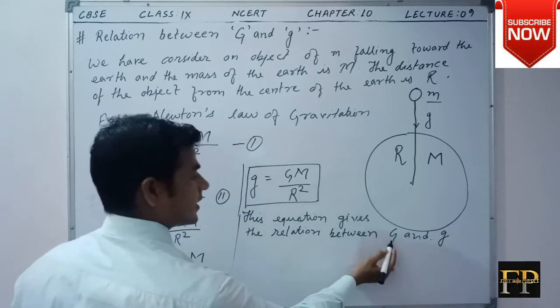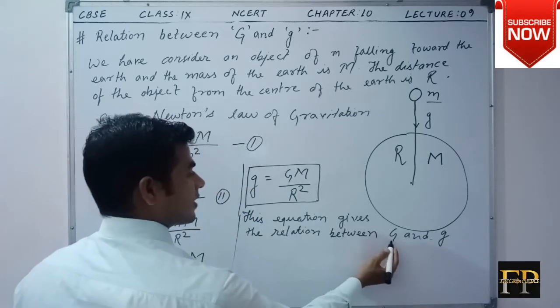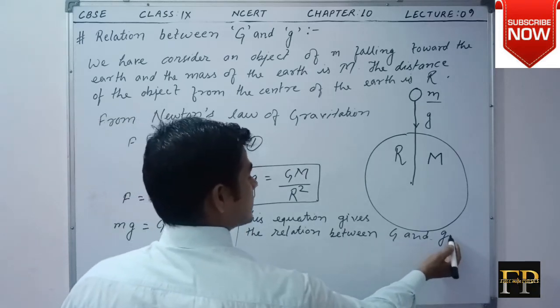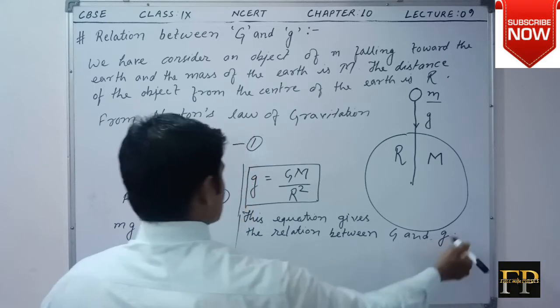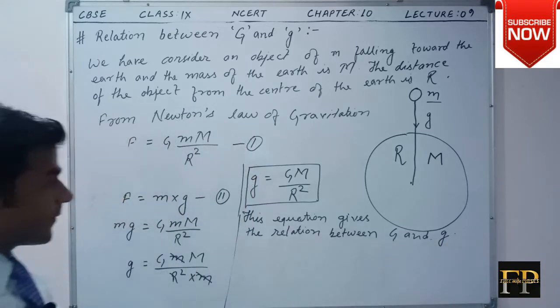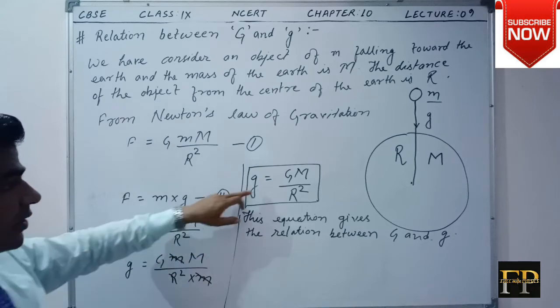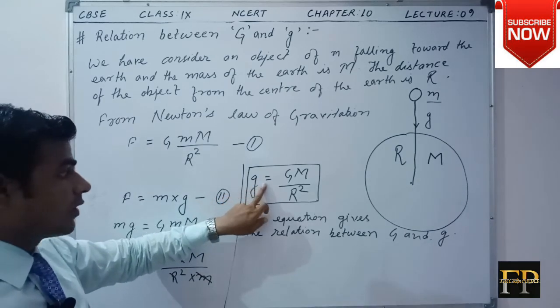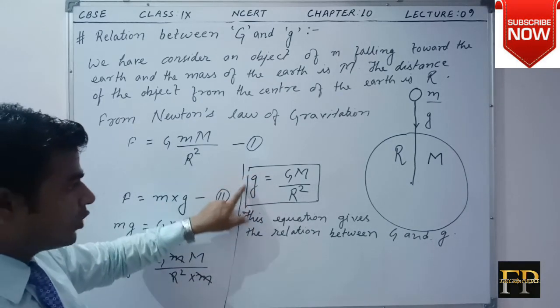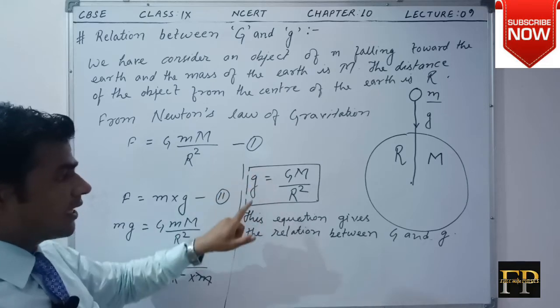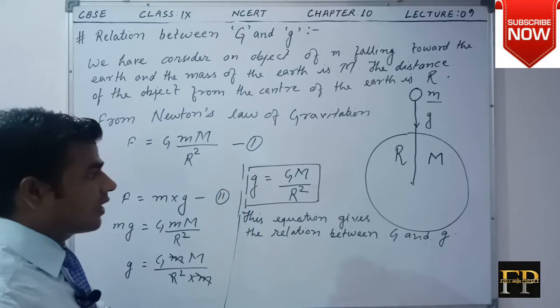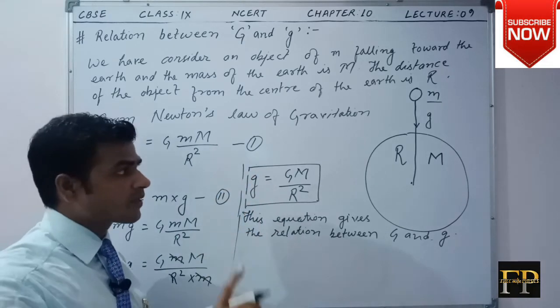This capital G is the universal gravitational constant and this small g is acceleration due to gravity. Now students, by using this equation we can find the value of acceleration due to gravity on the surface of the earth.